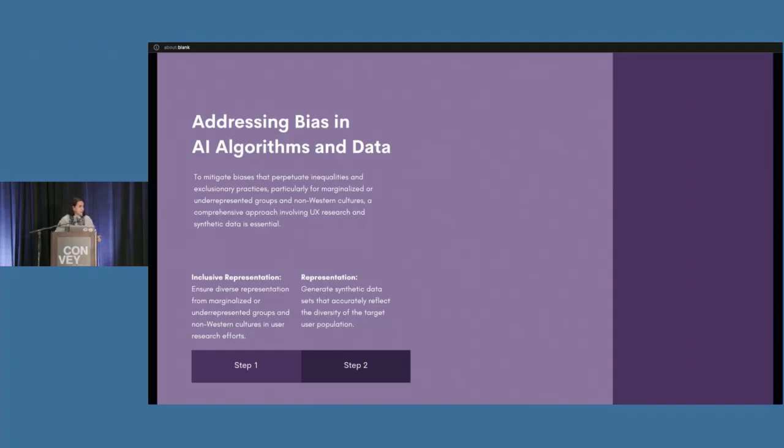For now, we always assume that data scientists, data experts and engineers are responsible for it. I'm saying that we're all responsible for it. It's no longer just their responsibility. It's our responsibility to be an advocate and to define specific criteria for user personas that can later be validated through the research, through the synthetic data generated by AI algorithms.